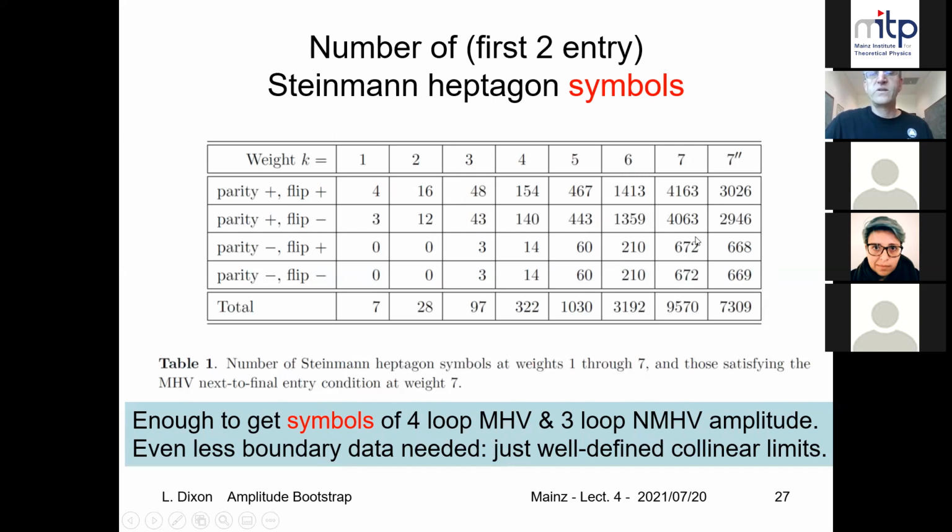And then applying also extended Steinmann to shrink these numbers down a bit further, 4-loop NMHV was bootstrapped. And as I was saying before, very little boundary data was needed at symbol level. Essentially, just that the collinear limits were well defined and not even really what they became in the collinear limit.